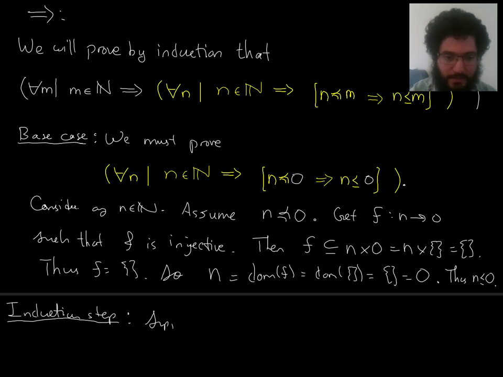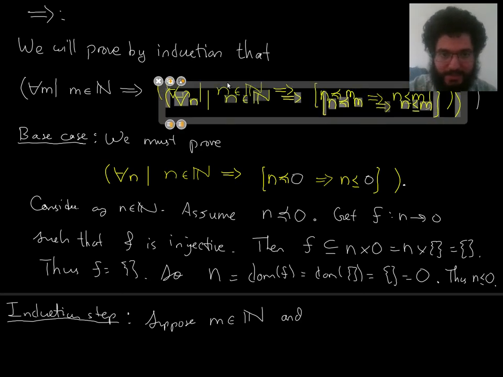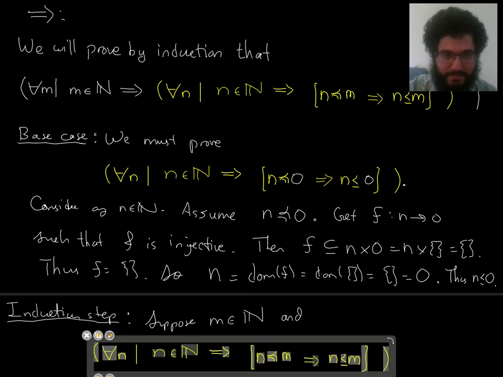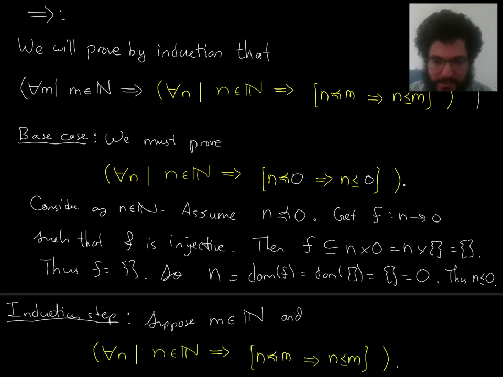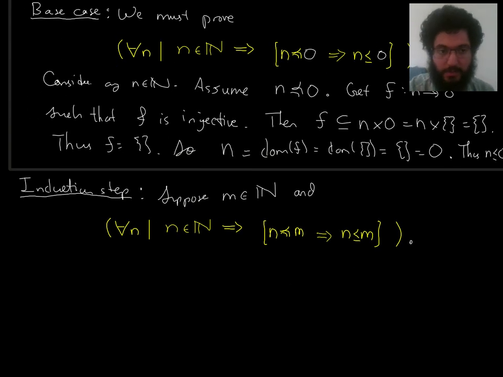So suppose m is a natural number, and assume an induction hypothesis. So assume that we actually have this here. So that's my induction hypothesis. And then what do we need to prove? This, but with m plus 1 in place of m, right?